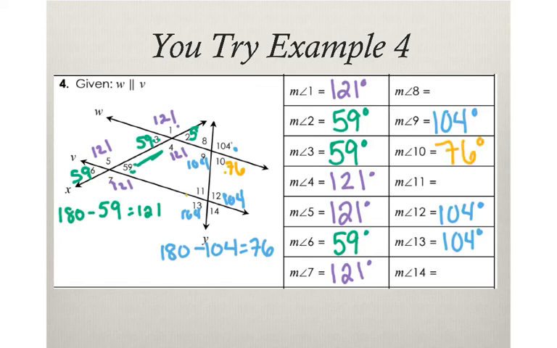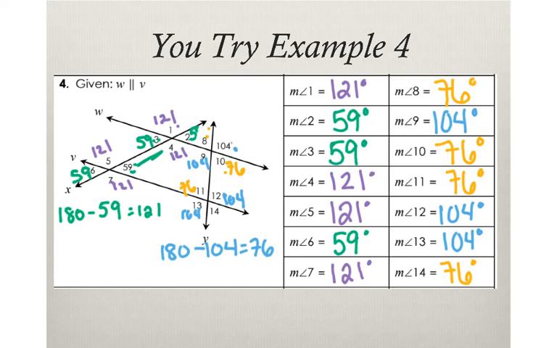Alternate interior would be 11, so that's also 76. Corresponding 10 and 14, so angle 14 is 76 degrees. And then alternate exterior is 8, so that would also be 76 degrees.